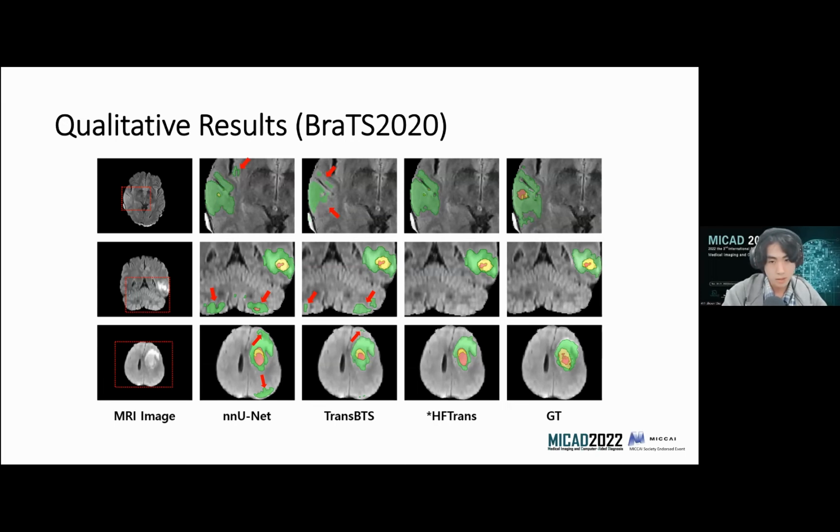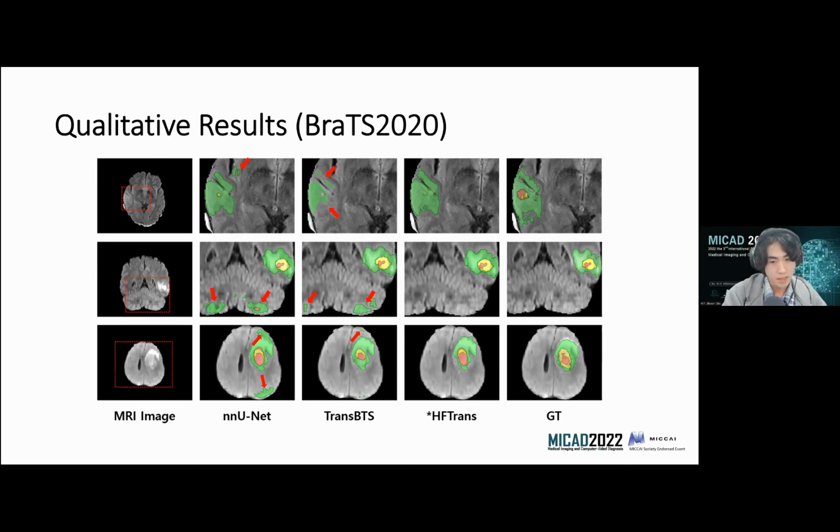And we conducted further analysis through the qualitative comparison of the hard cases where all of the networks make coarse prediction results. We focus on the whole tumor region colored in green, which is an indicator of the ability to predict overall tumor shape.